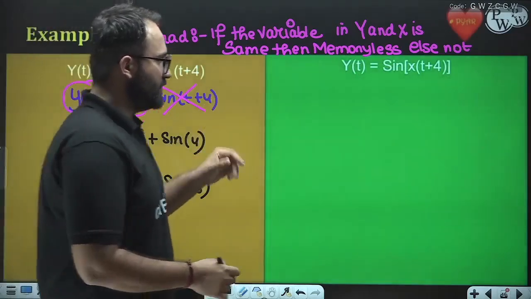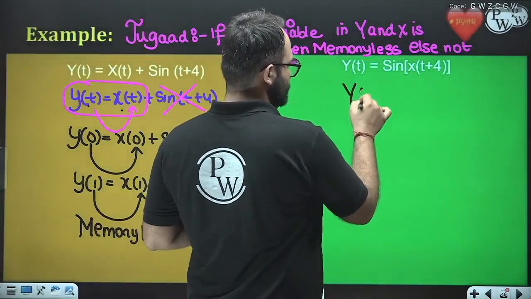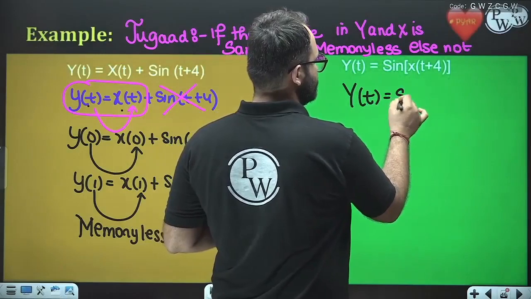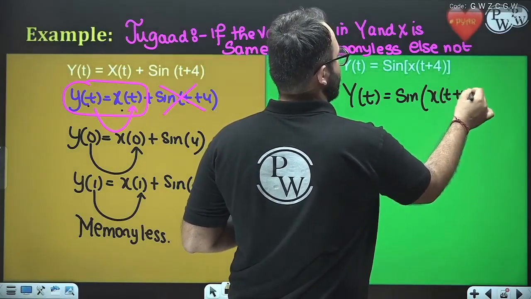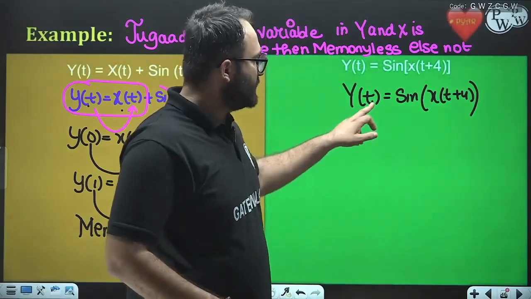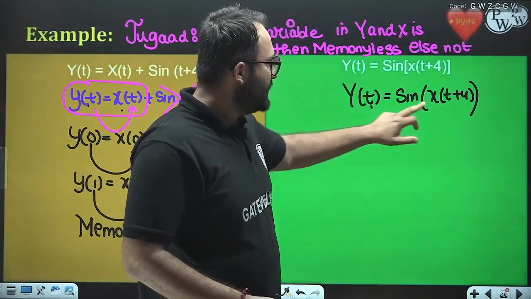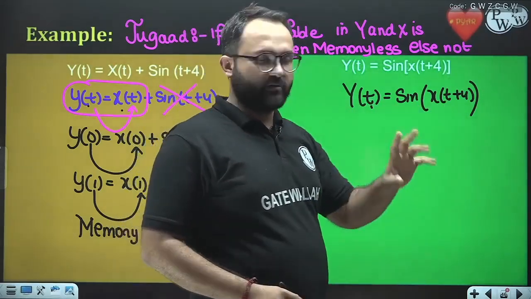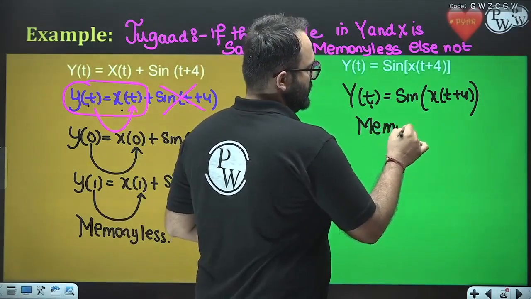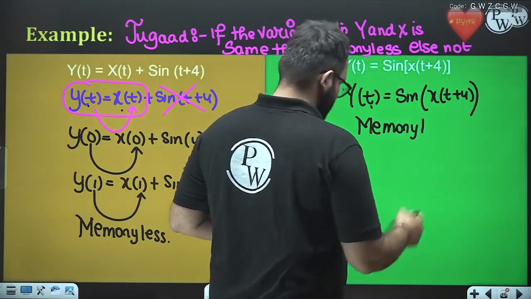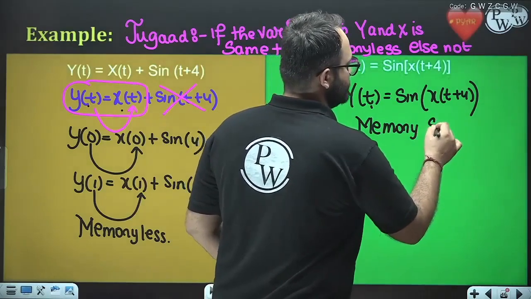Now this one, sin of x(t plus 4). We can see that the variables are different. Here we have t, here we have t plus 4. So this is a memory system.